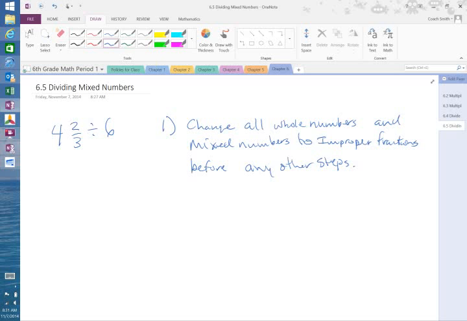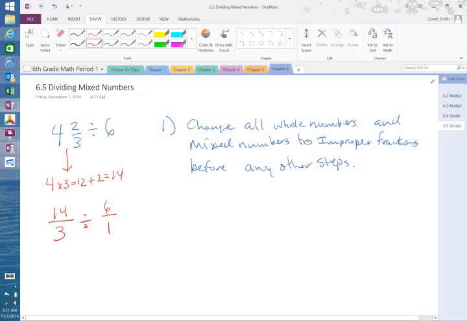So, I have to take 4 2/3 and make it an improper fraction. I take 4 times 3, which is equal to 12, and then I add 2 to the 12 to get 14. And so that is 14 over 3, divided by 6 over 1.